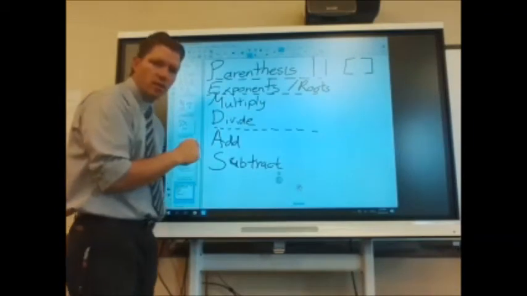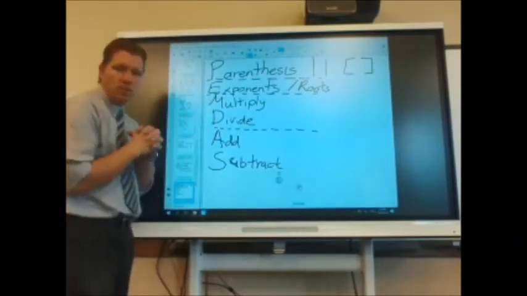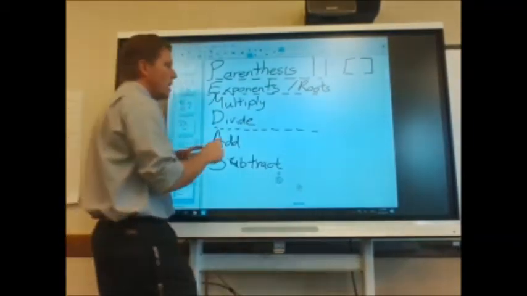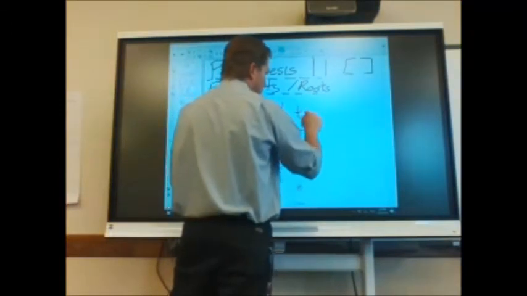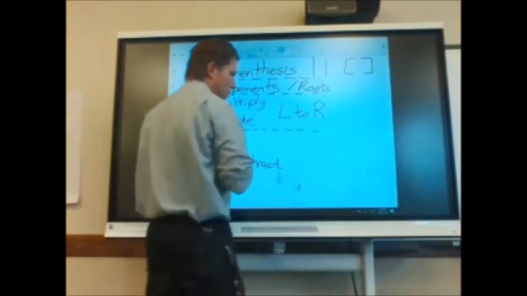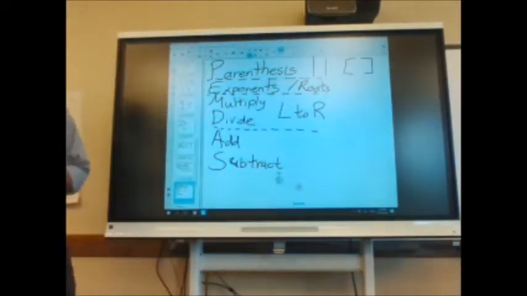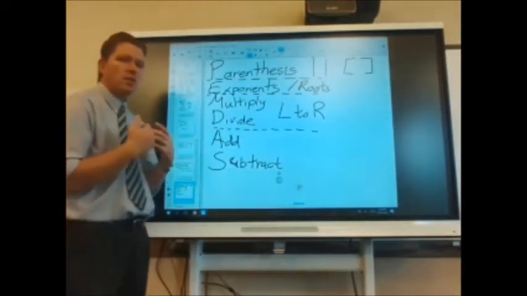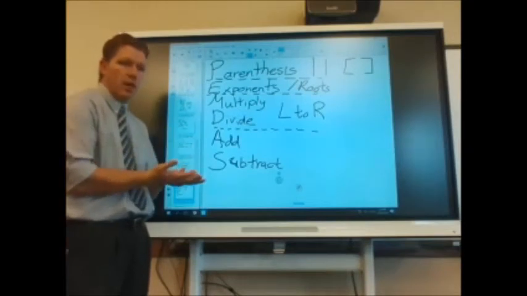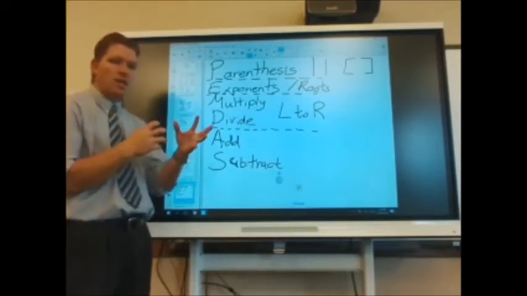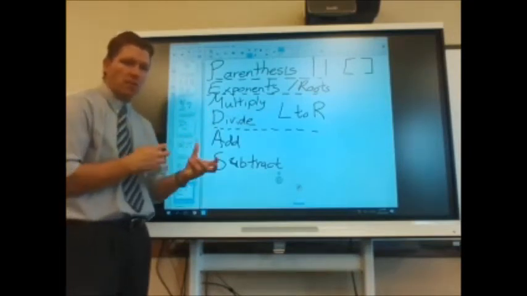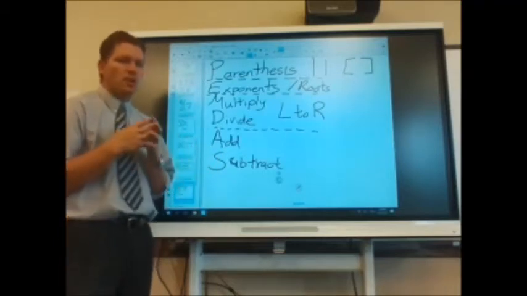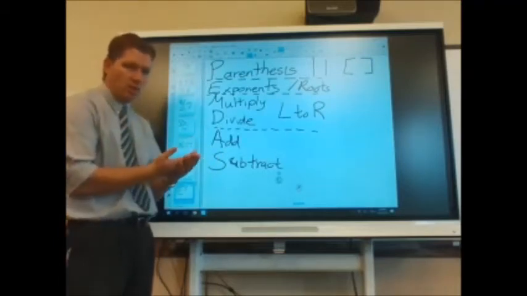Multiplication and division are on the same level. That means that they are worked from left to right, okay? So if I have multiple things being divided, I start on the left and I move towards the right. If I have a combination of multiplication and division happening within the same problem, I start on the left and I move to the right with those.